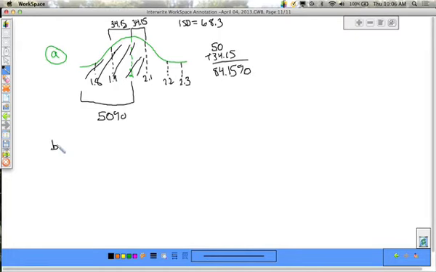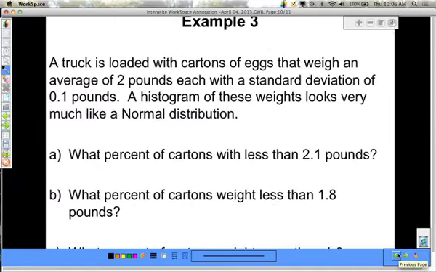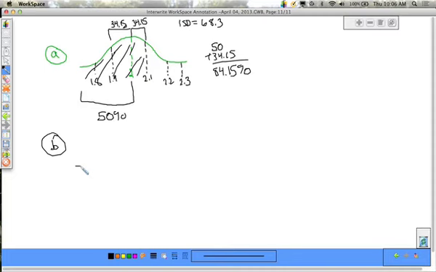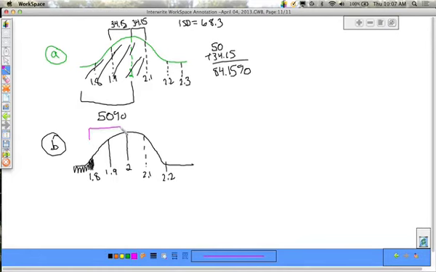Okay? So let's see what the next one is asking us. What percent of cartons weighs less than 1.8 pounds? So I'm going to draw a new picture here. 2, 1.9, 1.8. So we want this down here. How much is less than that? Well, 2.1, 2.2. Well, let's start counting. That's 1, 2 standard deviations.